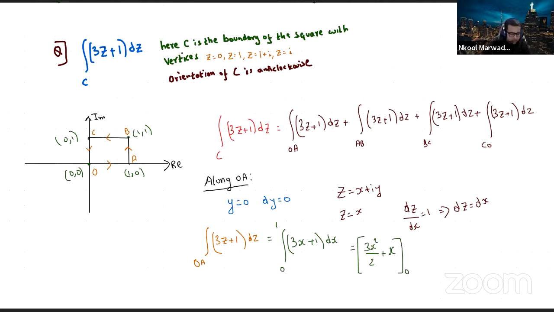And when you solve it, you will get 3 by 2 plus 1, that is 5 by 2. Let me write it this way.